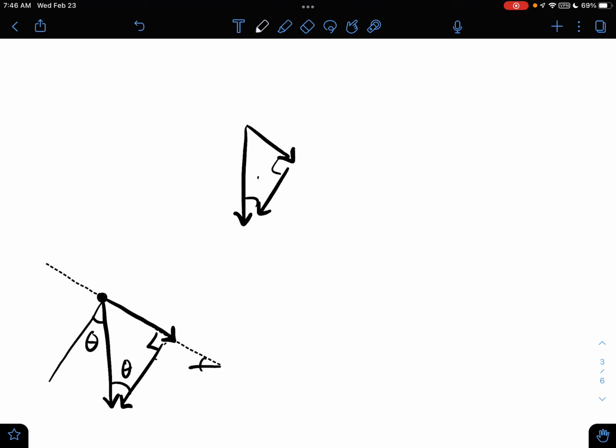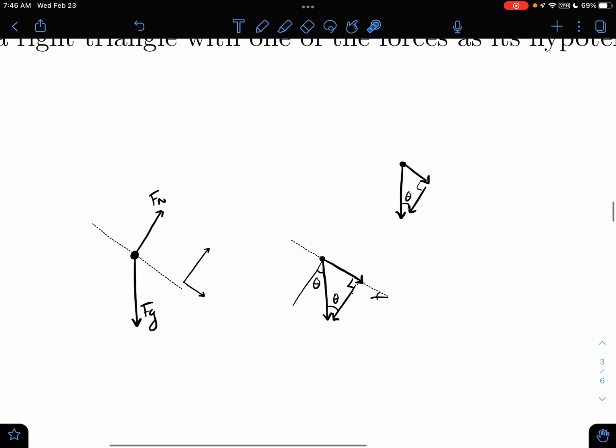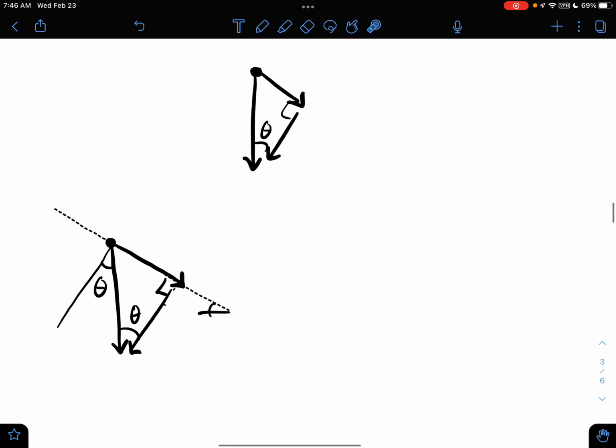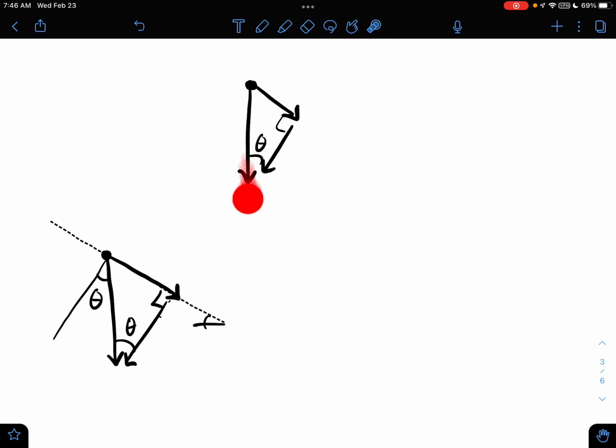And a very, very important thing to remember is that whenever we're breaking a force into two different components, the components are always going to be the legs of our right triangle. See how I set that up? Those are the legs of our right triangle. The vector that we're breaking into components has to be the hypotenuse, because when we add the x and y directions, they're going to sum to our regular vector.